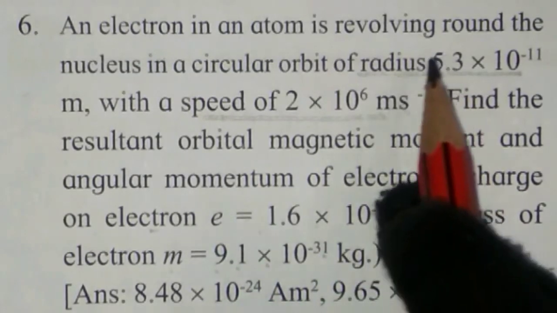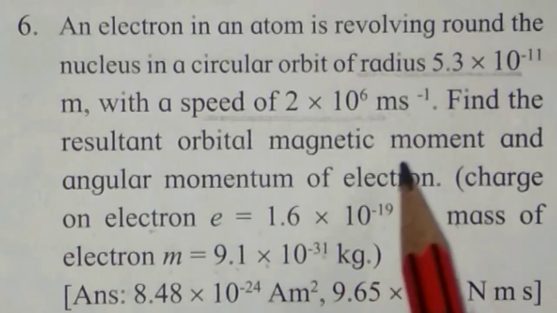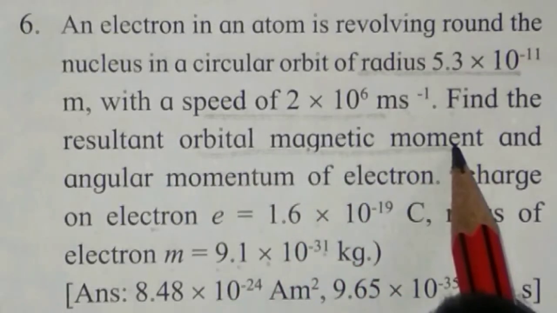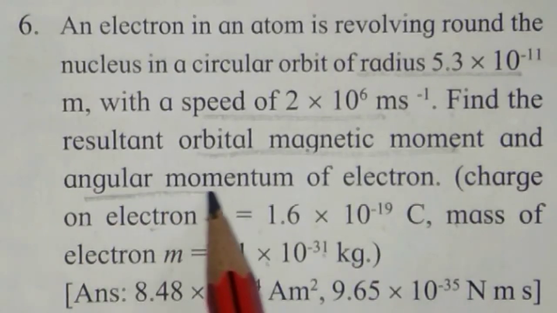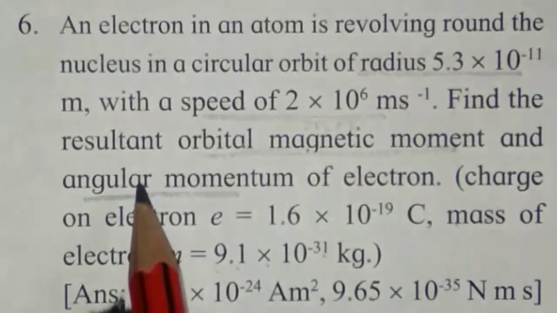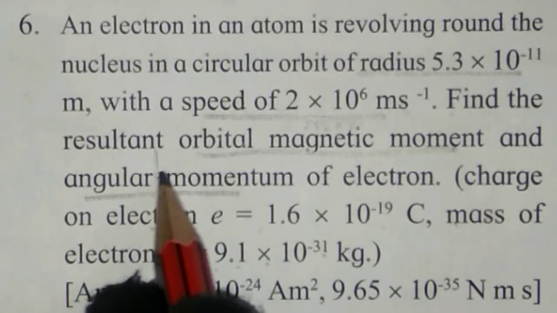So these things are given and we have to find the orbital magnetic moment, small m orbital, and the angular momentum, that is L.